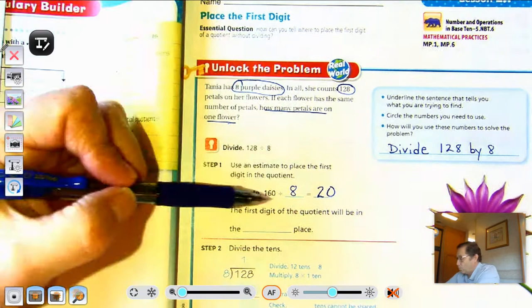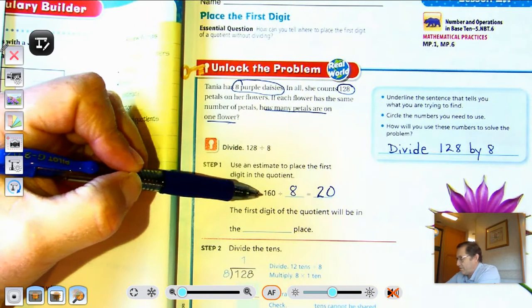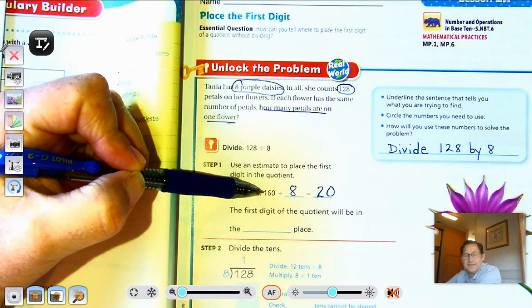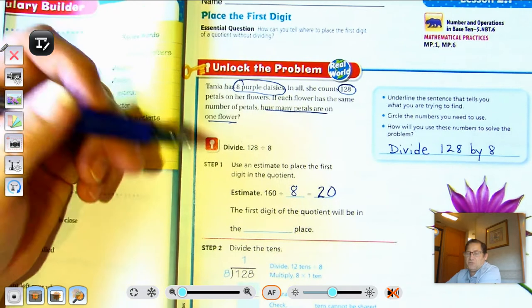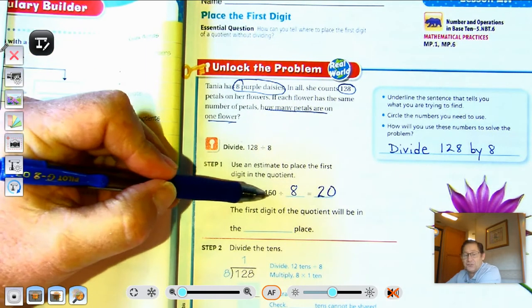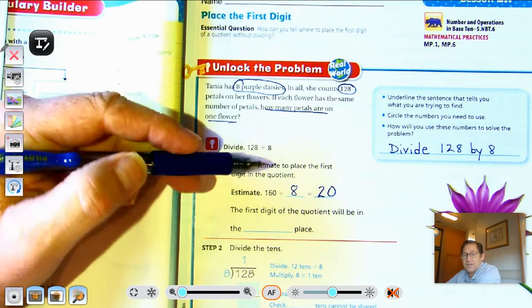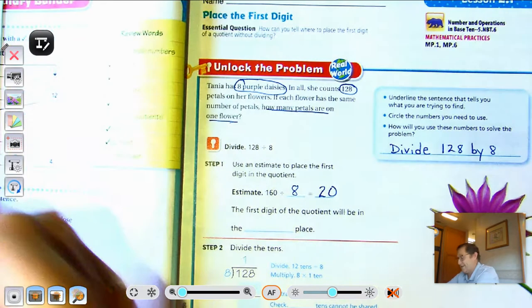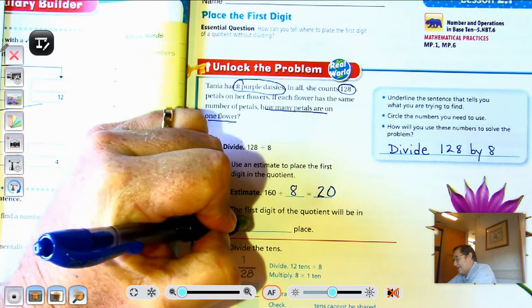So could we share the 100 into 8 groups? No, but we could share 1600 into 8 groups. So the first digit of the quotient will be in the tens place.